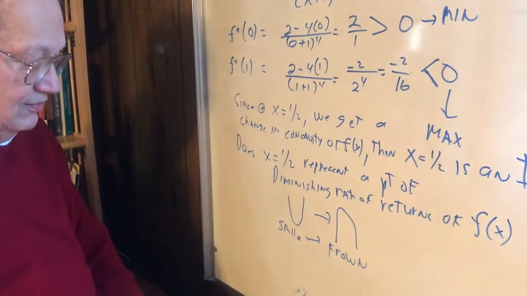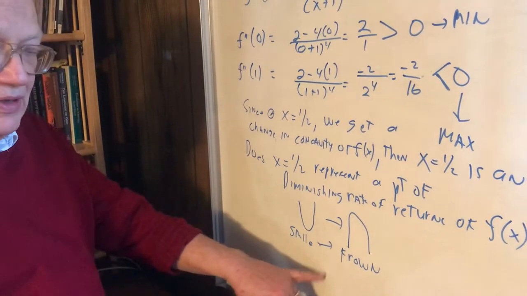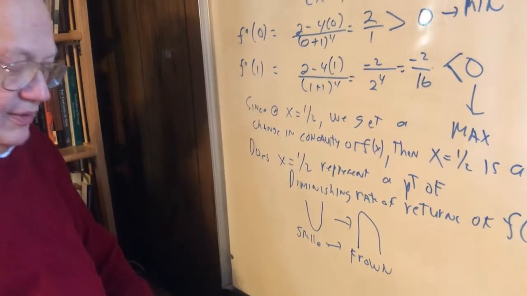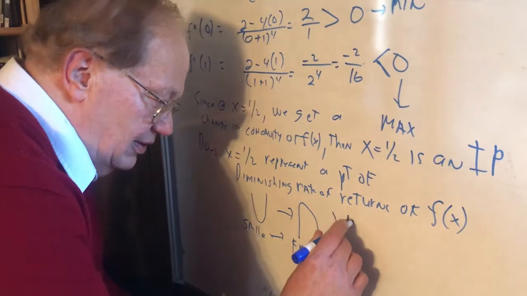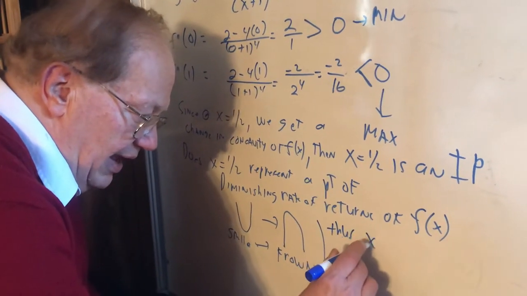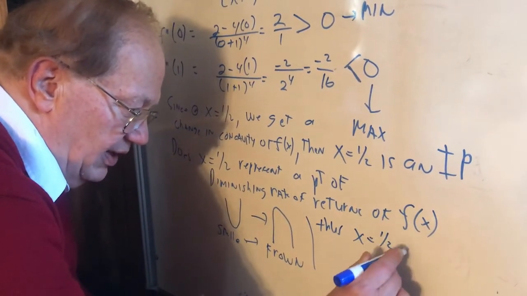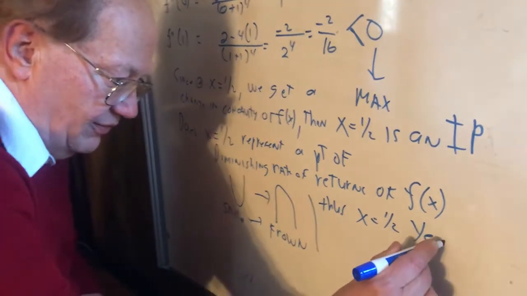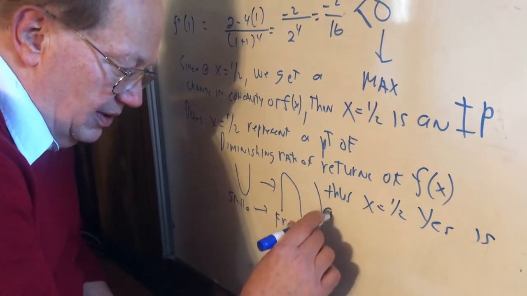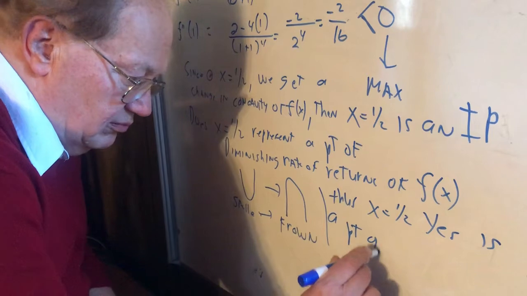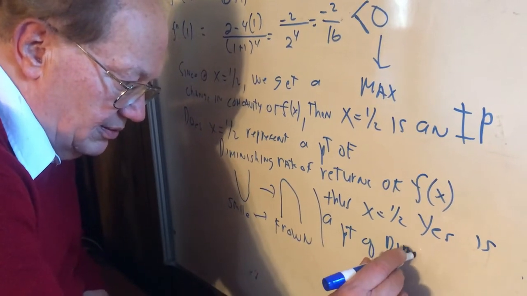No. So whenever I go from a smile to a frown, thus x equals 1/2, yes, is a point of diminishing returns.